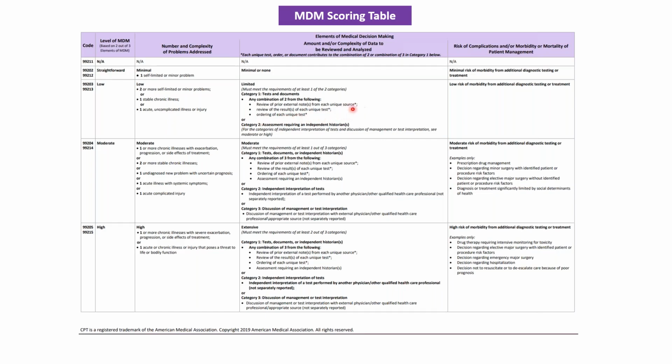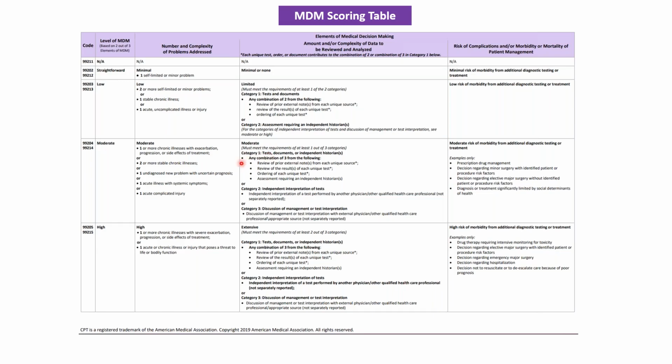So if the provider does any combination of two of those, you can say, all right, we've met the requirement for a low data, analyzation of data. Or if category 2, if an assessment required an independent historian, if that took place, you meet a low data reviewed analyzation score.